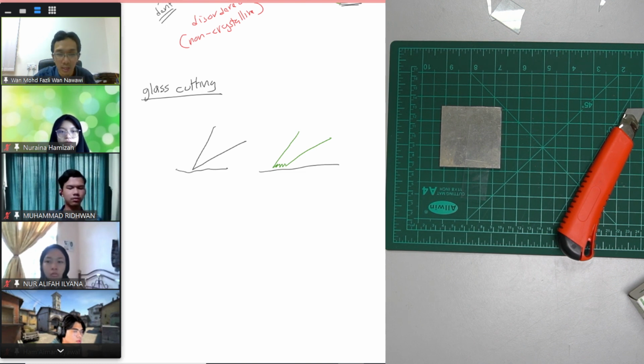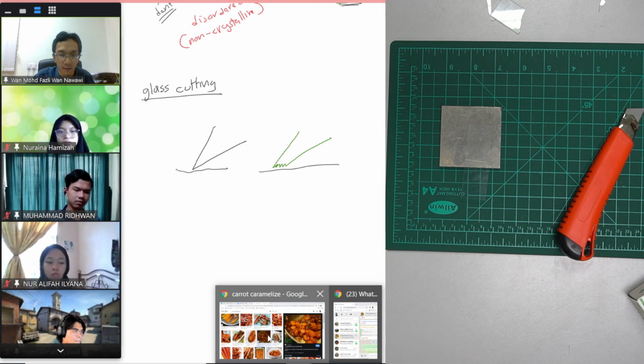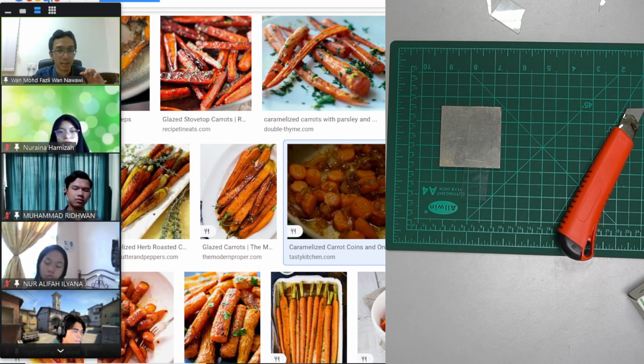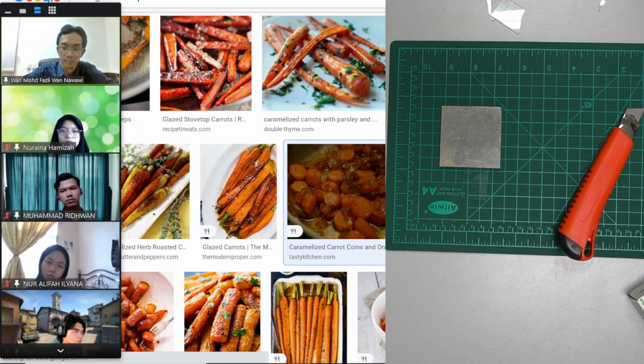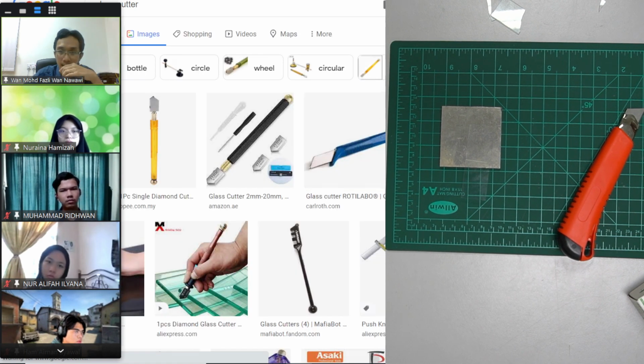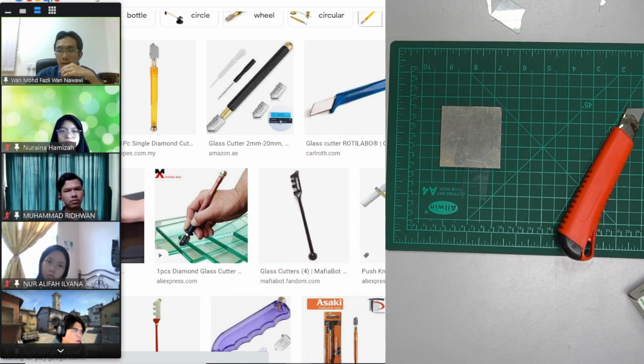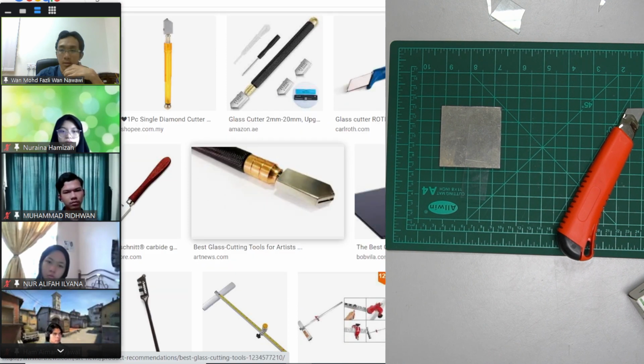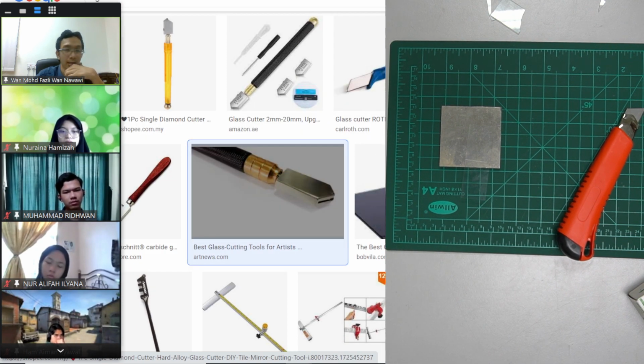That's why, when you see something like this, for example, let me put it there so you can still see the image, a glass cutter. If you look at the glass cutter, you can see it's not really sharp. It's not really sharp, but it's hard.